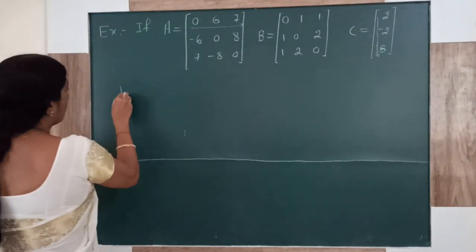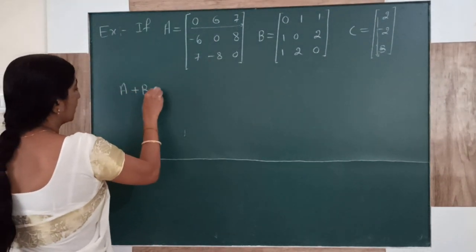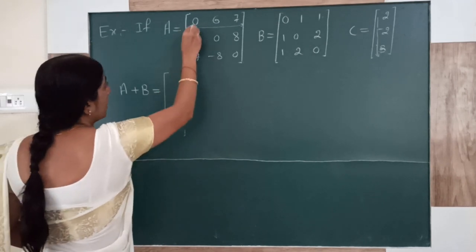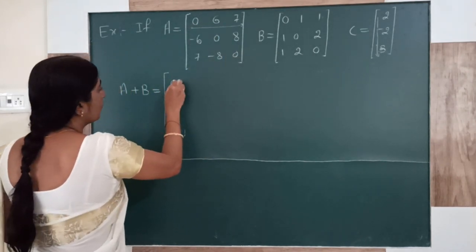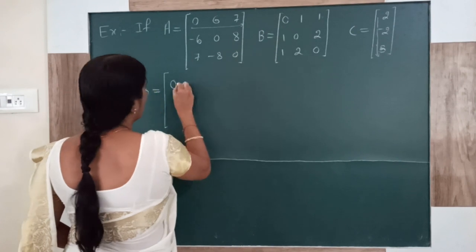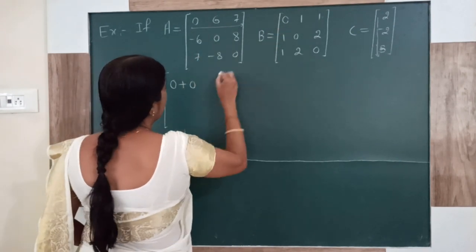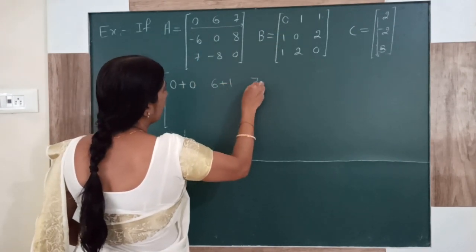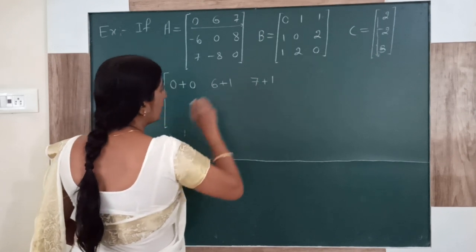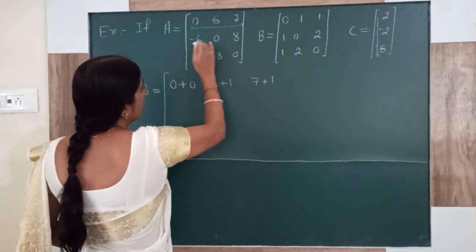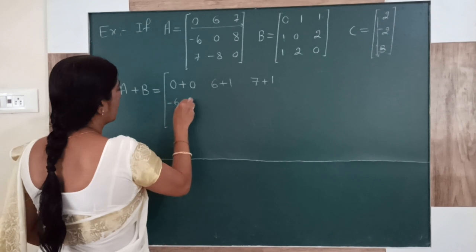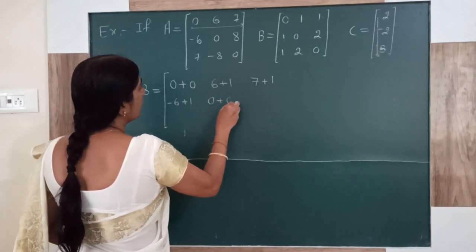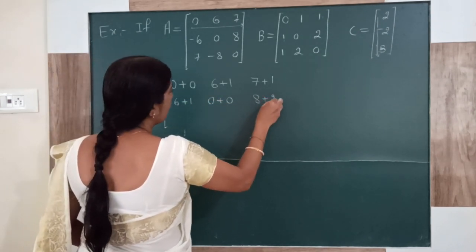Here only on the top we have A and B. A plus B. We have to add, or I am writing 1 by 1. 0 plus 0. Next element 6 plus 1. Then 7 plus 1. Yes, can you write the next one? Minus 6 plus 1. Then 0 plus 0. 8 plus 2.